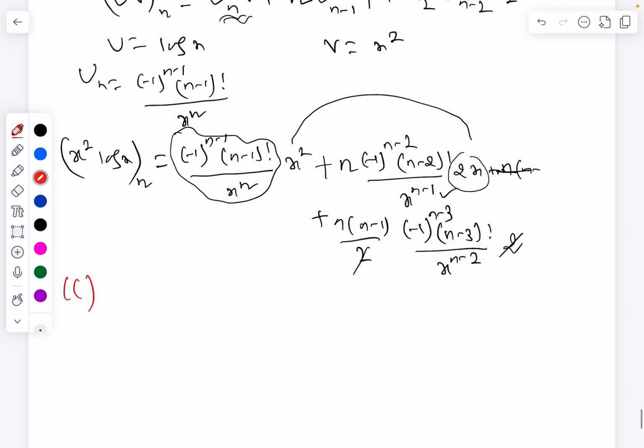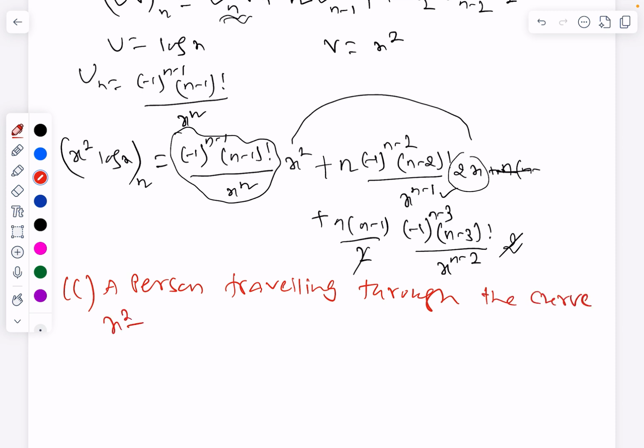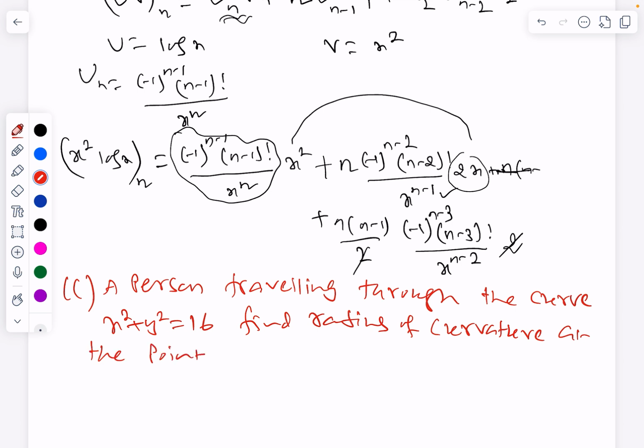See, a person traveling through the curve x square plus y square equal to 16, find the radius of curvature at the point 2 comma 2 root 3.